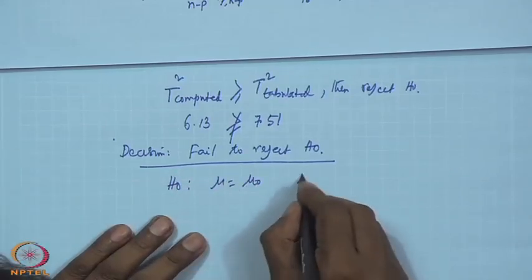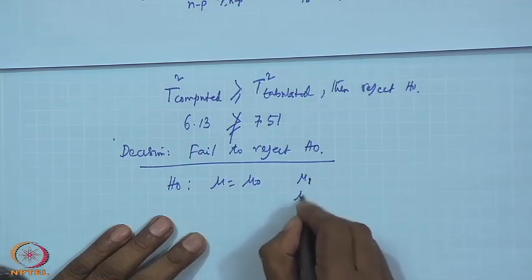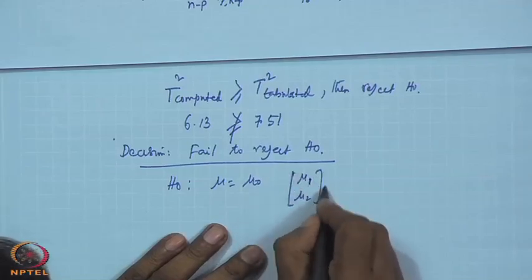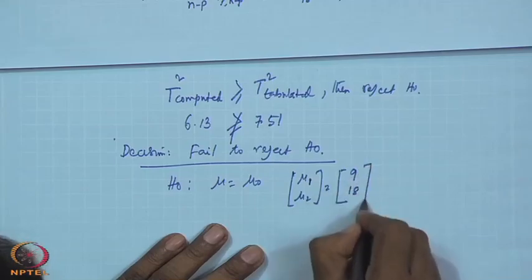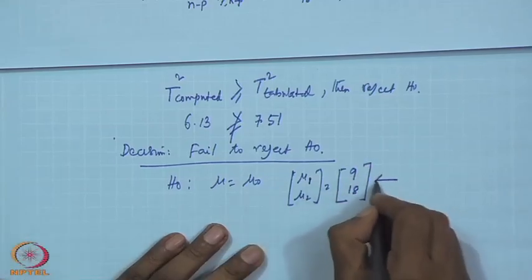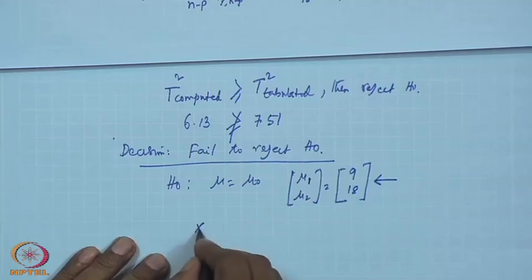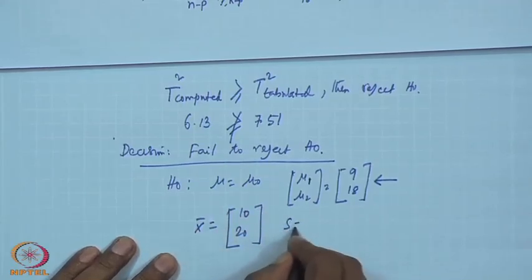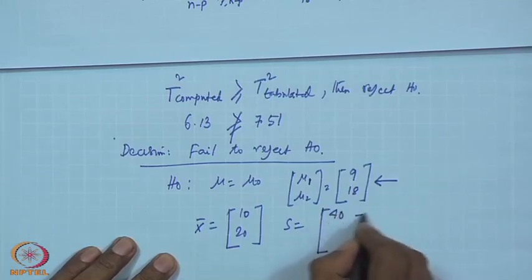What are we saying then? Suppose I have written 0, basically mu 1, mu 2, that 0 stands for null hypothesis, that is 9 and 18. This is your null hypothesis. What you have is x bar equal to 10 and 20, and S, that is 40, minus 50, minus 50, and 100.